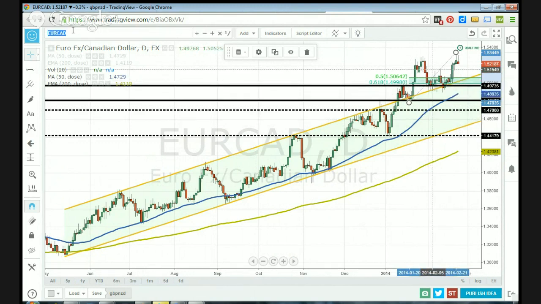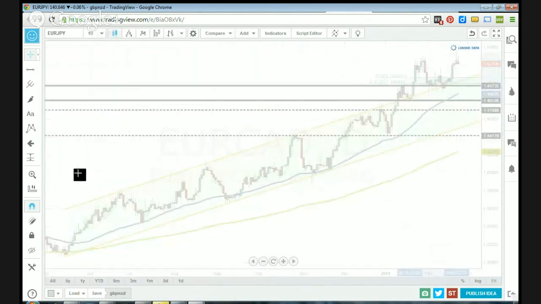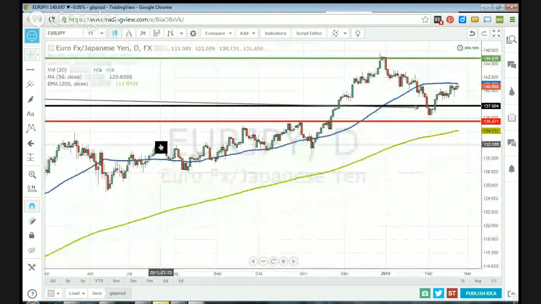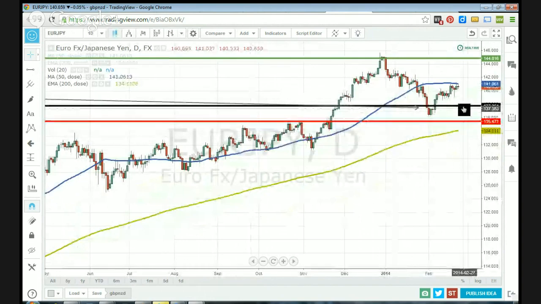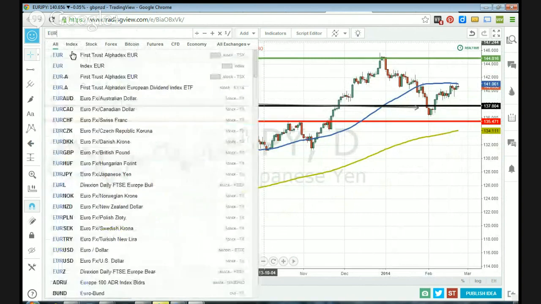Okay, so that's Euro Canada. Nothing yet though. Euro Yen. Okay, still waiting on it to pull back to this black line. We've been in that situation for some time now. Going on a weekly chart, so it's going to take a little longer.